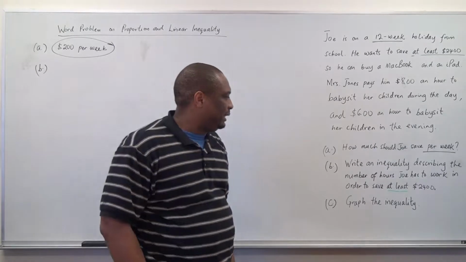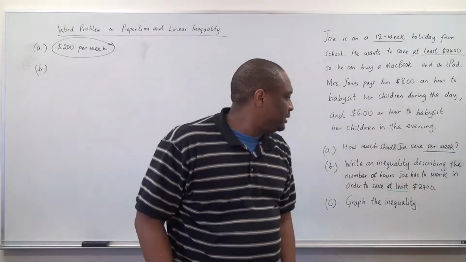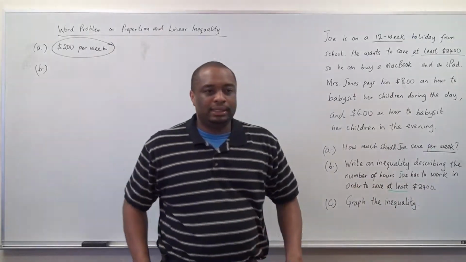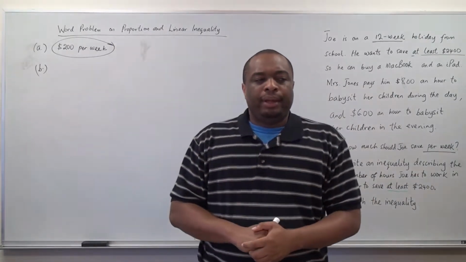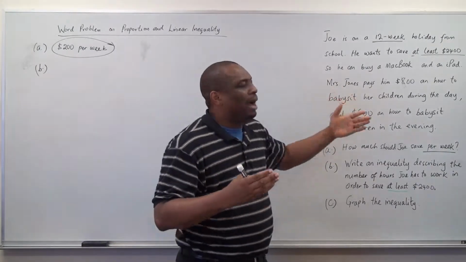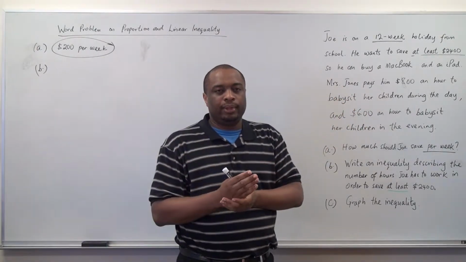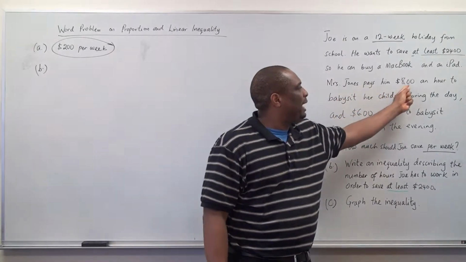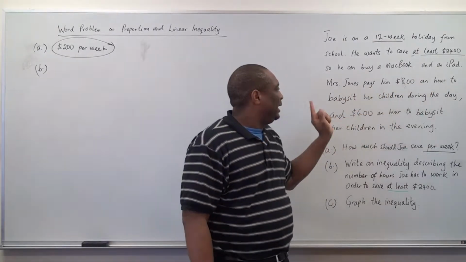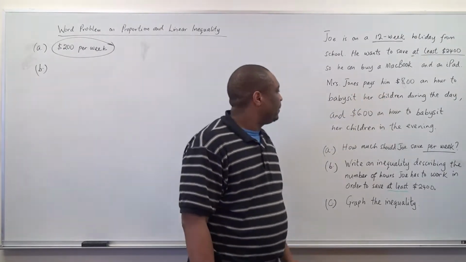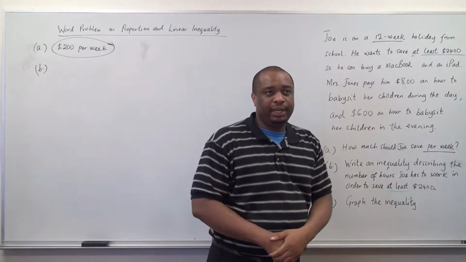Now, let's go to the B part. Write an inequality describing the number of hours Joe has to work in order to save at least $2,400. Here we don't know how many hours he has to work. But we do know that Mrs. Jones pays him $8 an hour in the morning to babysit during the daytime, and also $6 an hour in the evening.